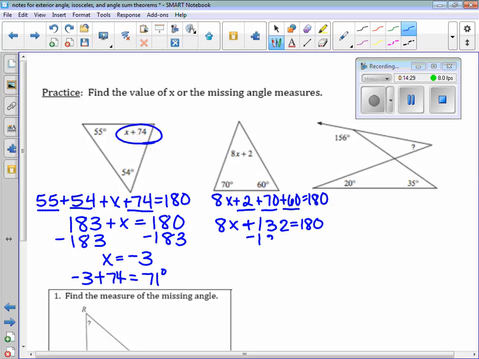Subtract 132. 8x equals 48. Divide by 8. x equals 6. So now I go up to my missing angle, 8x plus 2, and I found x equals 6, so I substitute.